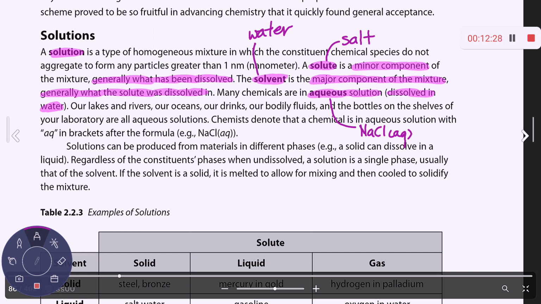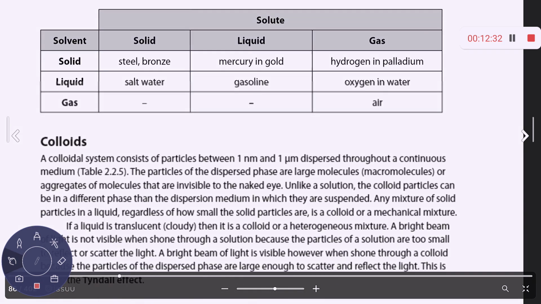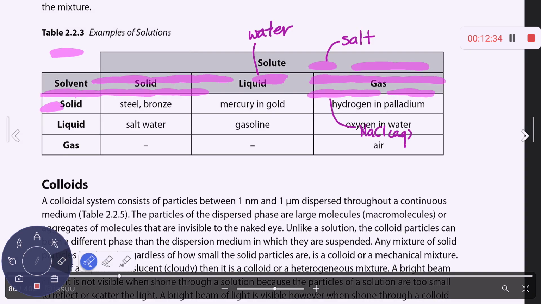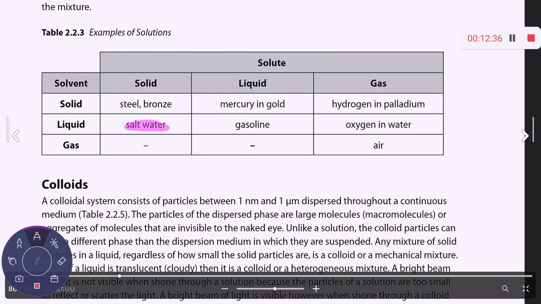Let's go down here for examples of solutions. Okay. So down here, they give you some examples of solutions. Salt water, the most common one. Steel and bronze. These would be solid solution examples. You can have solid, liquid, and gaseous solutions. Okay. They will look the same throughout.